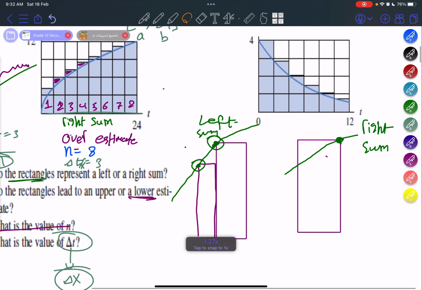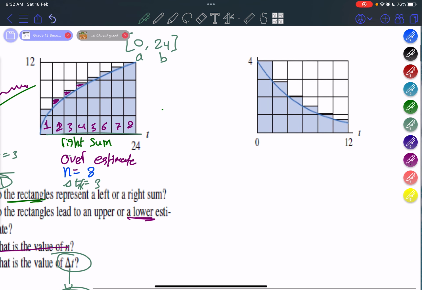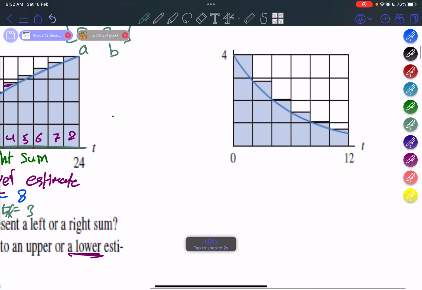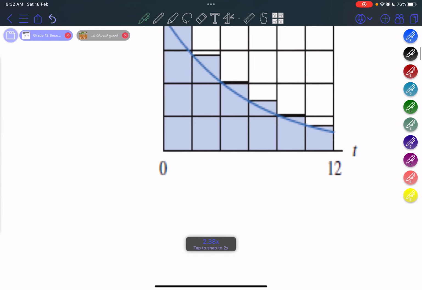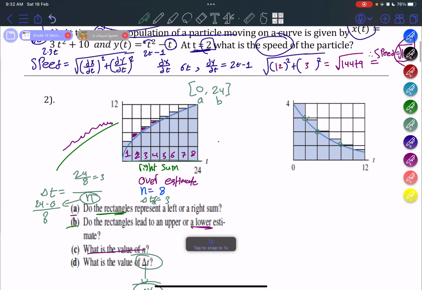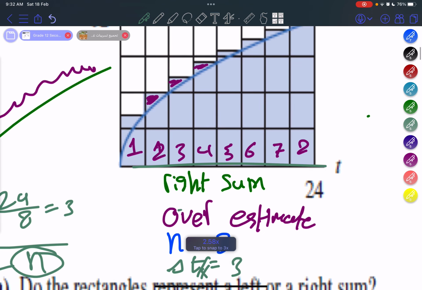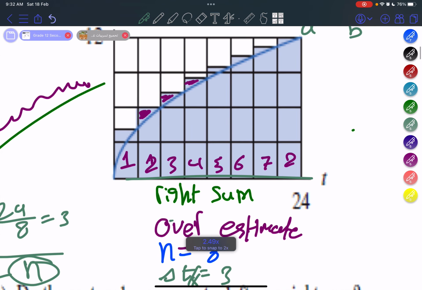Now let's solve the questions again, but this time with the second graph, and we'll do them quicker. So here the graph is touching the right sum, but this touches, yeah, I was right actually.